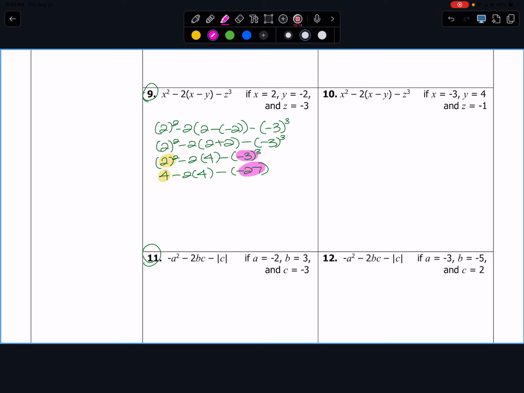So then I have 4 minus 8 plus 27. So I get negative 4 plus 27, which is 23.